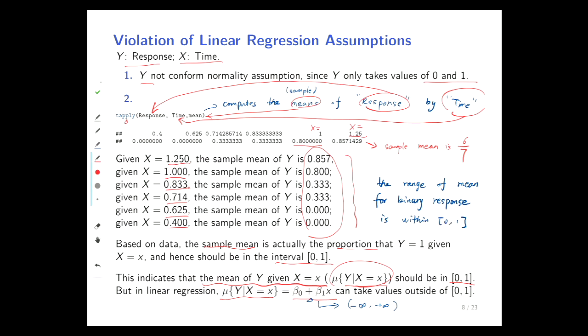But the problem here is that if we try to use the multiple linear regression model, we always get minus infinity to infinity. So we do not have a match for the range if we use the multiple linear regression model on the binary response variable. So the second problem is really a problem here, because we do not have a match for the range of the mean of response.